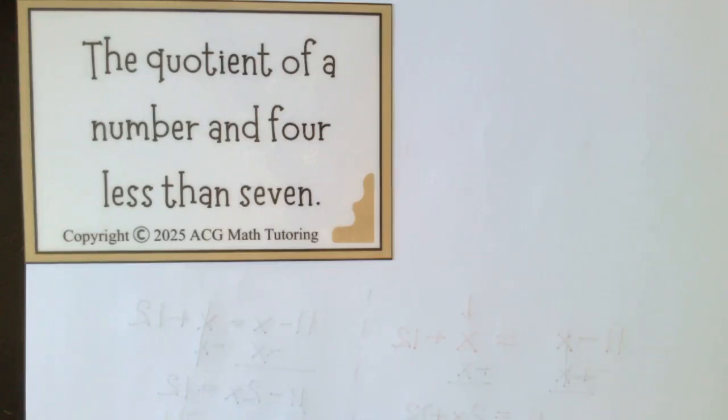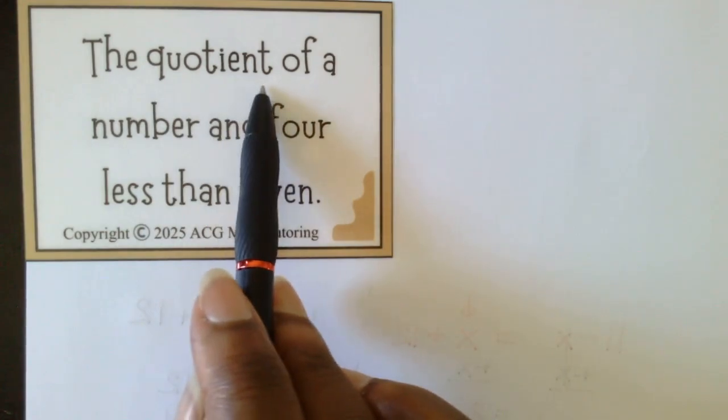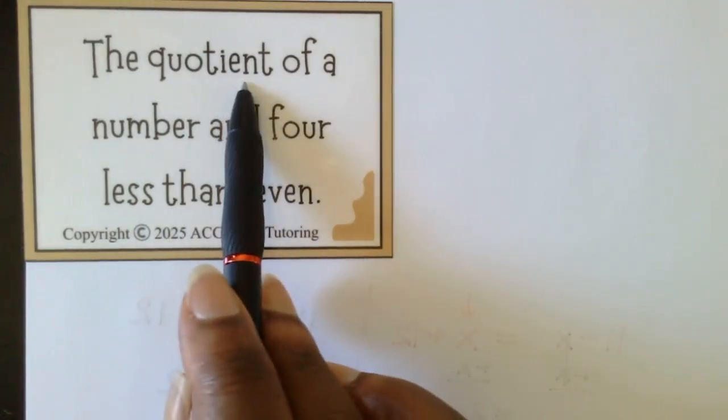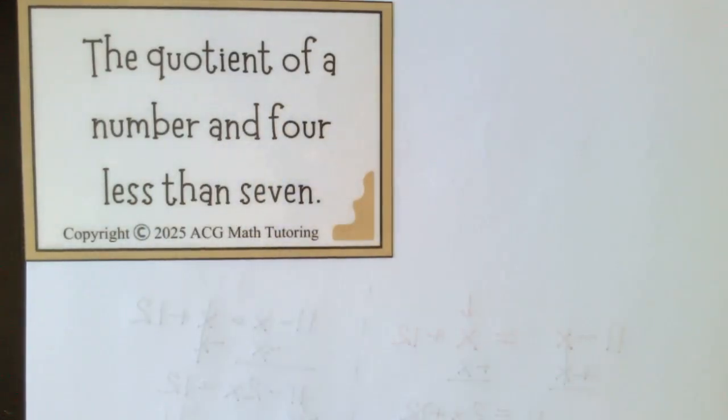All right. So let's take a look. And I think the part that's throwing a lot of people is quotient. Now, the word quotient, that means division. Quotient is representing division. So the result that you get after you divide, that's your quotient.